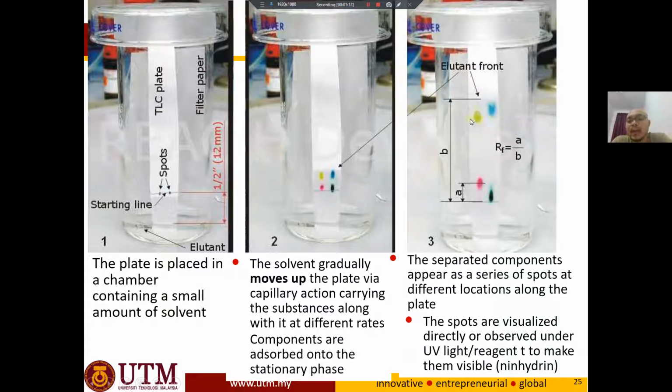If you observe the RF value, later on we will learn about the RF value. For now we just observe that they have different components from the spots.